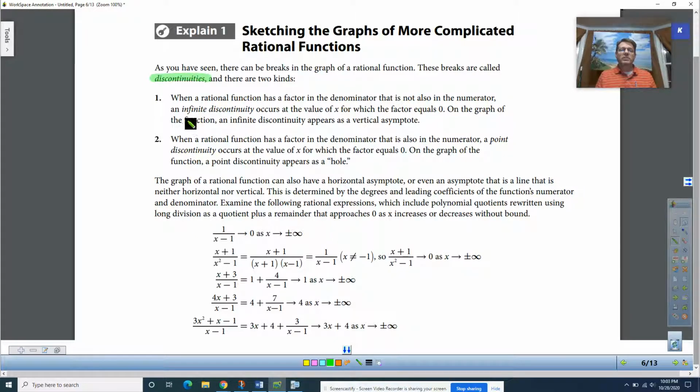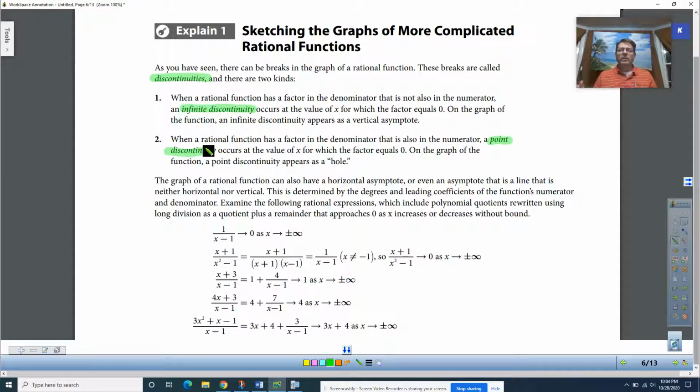One is infinite discontinuity, and that's what those asymptotes do, because the graph runs up against that asymptote and infinitely doesn't ever cross it, so it never has continuity there. But there is another scenario, called a point of discontinuity. So instead of just coming up to a wall and running alongside the wall, it comes up to it, jumps over, and then keeps going.